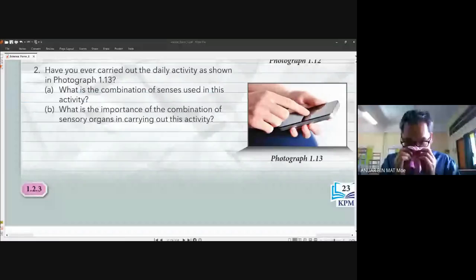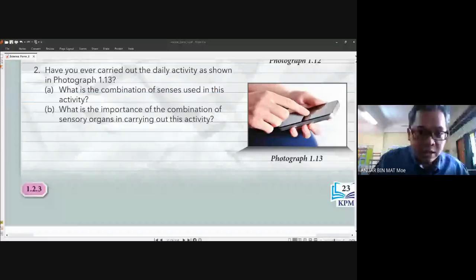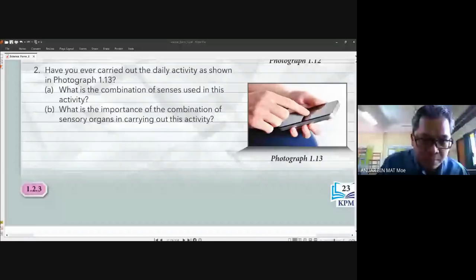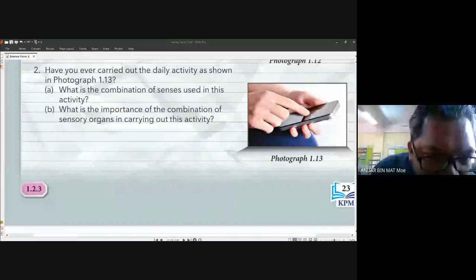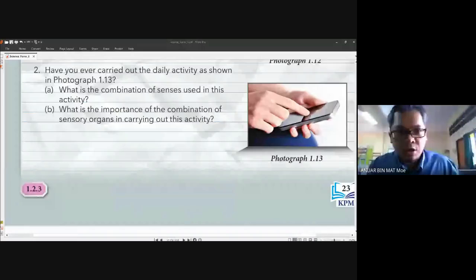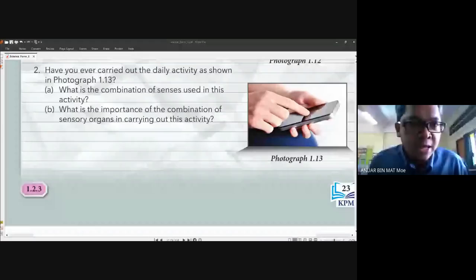Boleh tunjuk saya King Kiloy? King Kiloy, you can show me your workbook. Mana King Kiloy? Mana kamera? I want to see the buku kerja. What type of buku kerja? Siapa mau tunjuk? On your camera, show me the book. Science process skill 3. Okay, good. Alright, boleh. Thank you. Science process skill number 3.